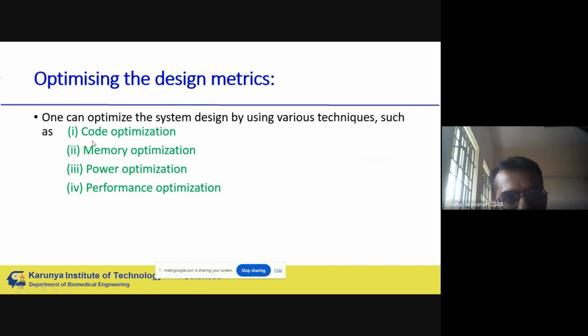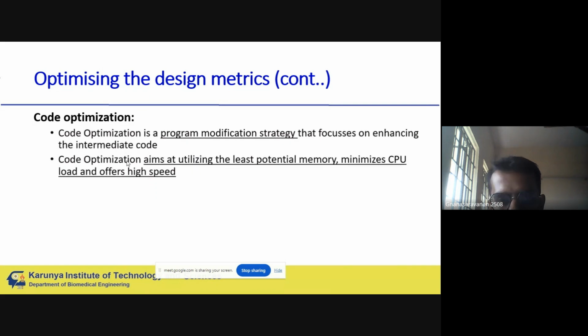For example, when I tend to reduce or squeeze the code, it might result in some other compromise. Either the performance will fall, or if I tend to increase the performance, either memory utilization might be more, or power consumption would be more. So there is always a compromise, or a conflict, between these optimization techniques, which one has to sync across all four and finally come up with a solution or agree to whatever method they take.